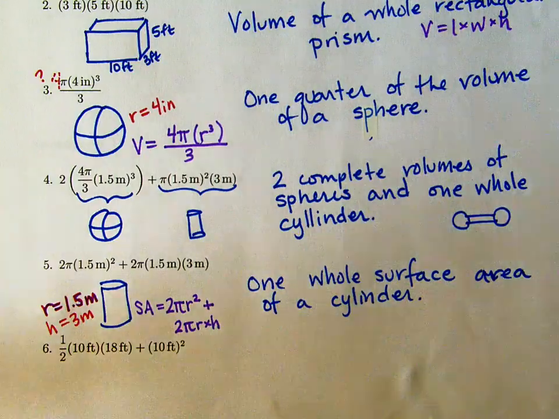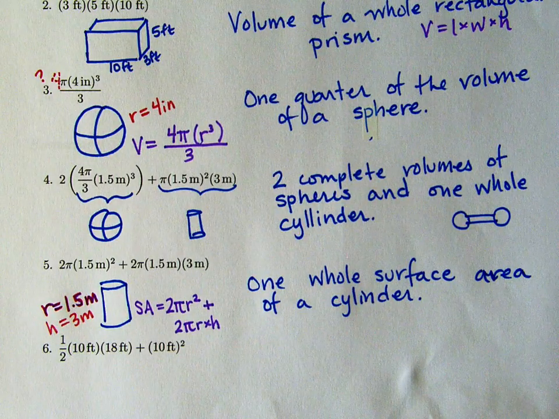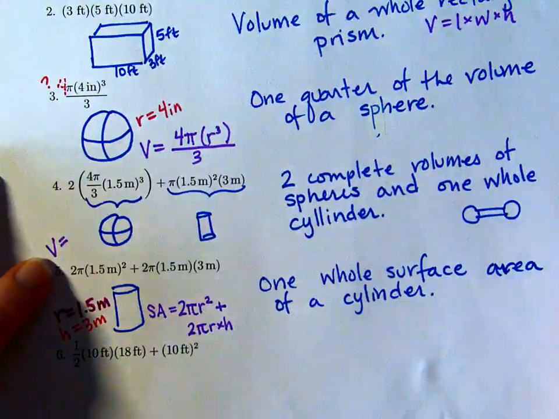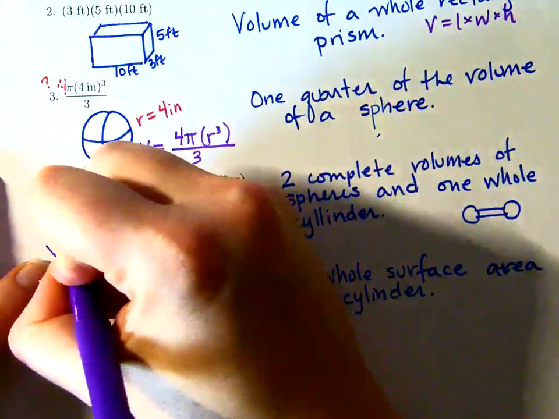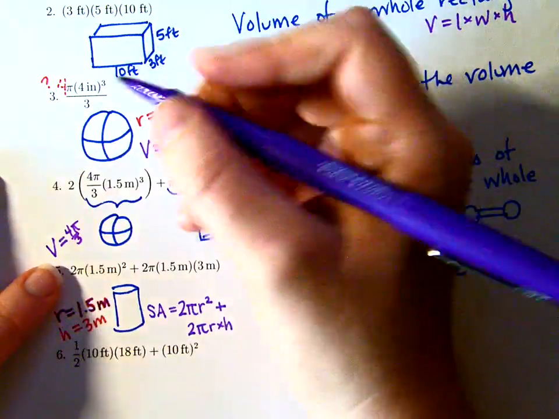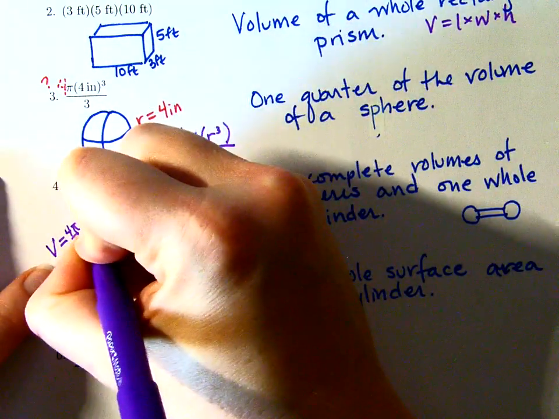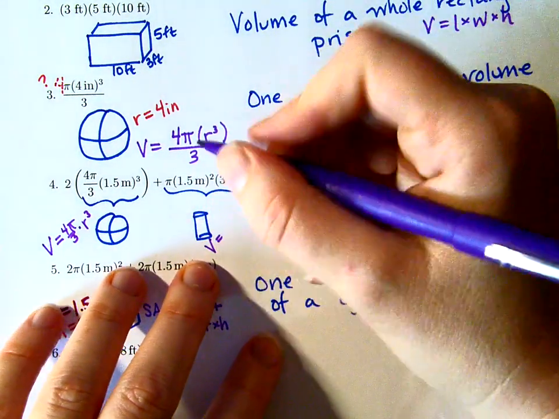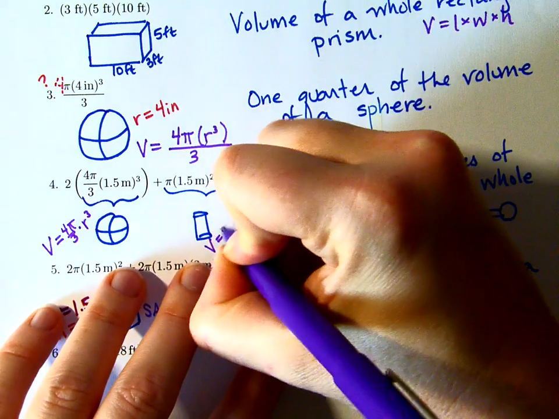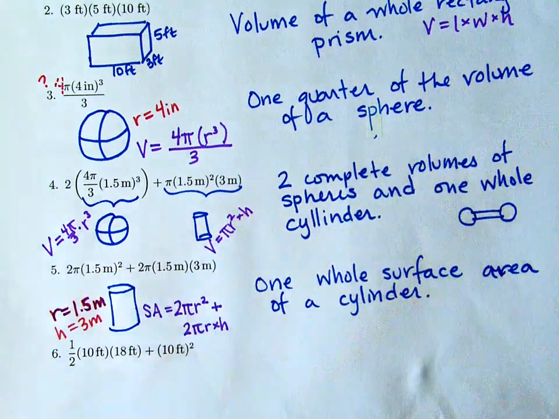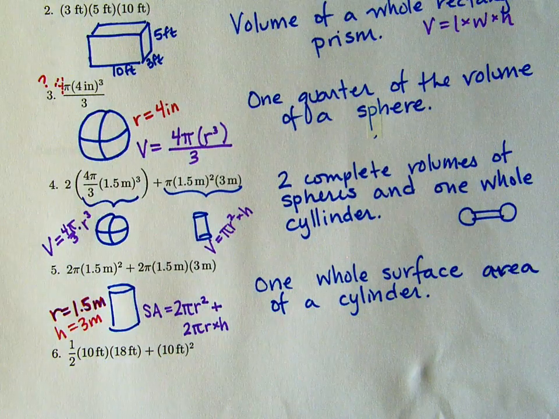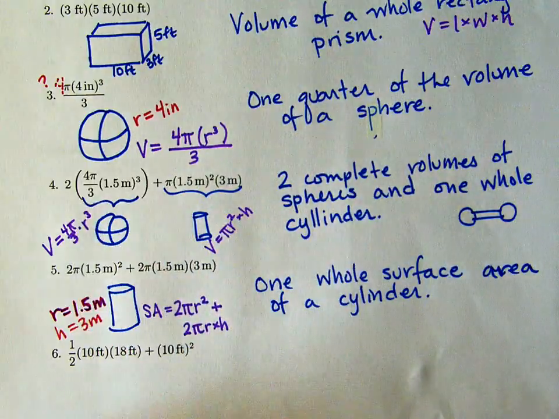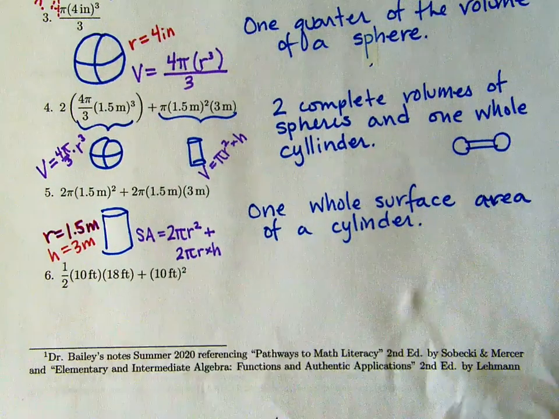Up here, just so that we go back and we're pretty thorough, the volume of a sphere was 4 pi thirds times r cubed, and the volume of a cylinder was pi r squared by h. Okay. Just so that we jot down how we had paired up and matched up the formulas.